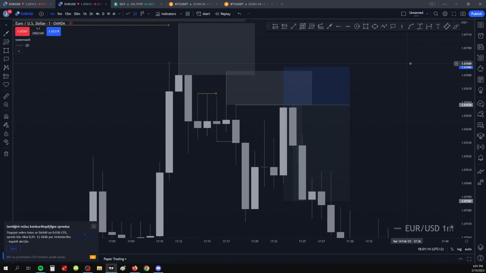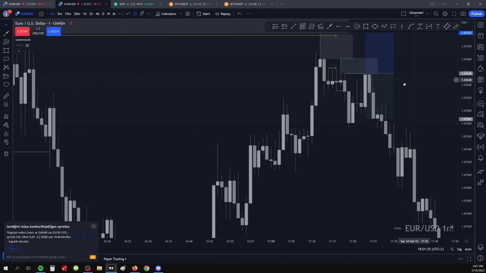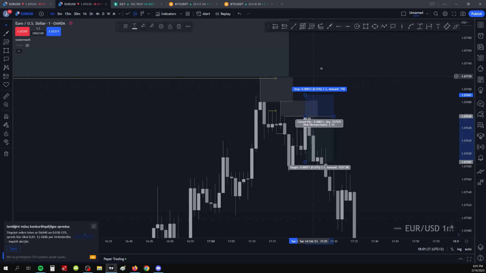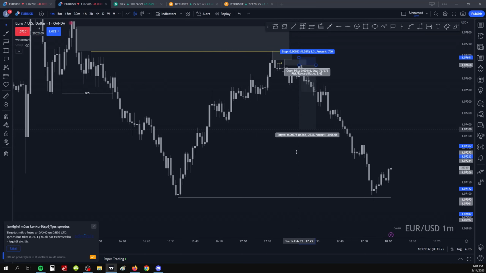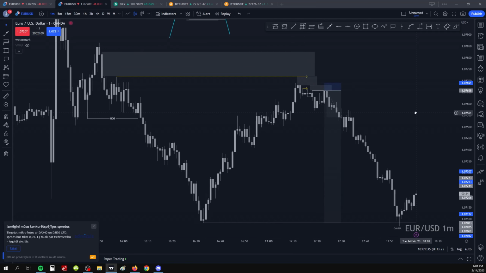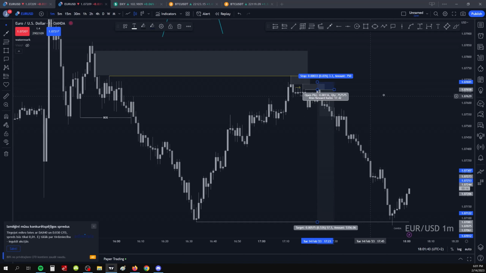You can put your stop here, or if you want to be more safe, you can always put it above the high that took out the main inducement. And you target the same liquidity. So yeah, this would be a nice 17-pip trade, or 7 if you want to be more safe.